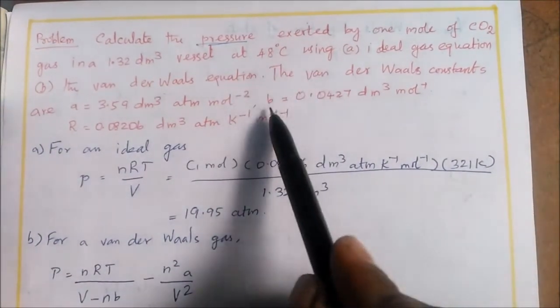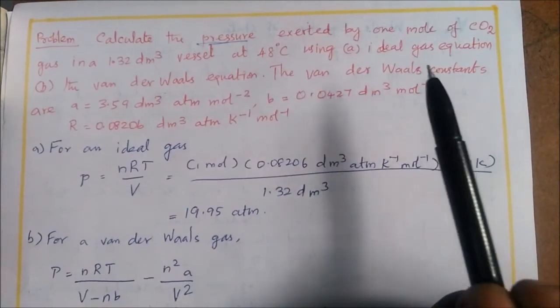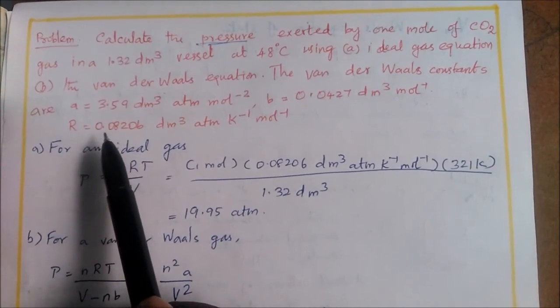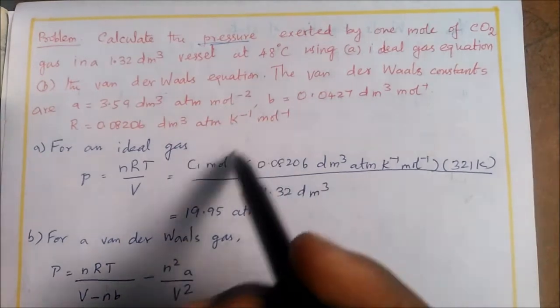The van der Waals constant B is equal to 0.0427 decimeter cube mole inverse. And gas constant R, here we are using 0.08206 decimeter cube atm Kelvin inverse mole inverse.